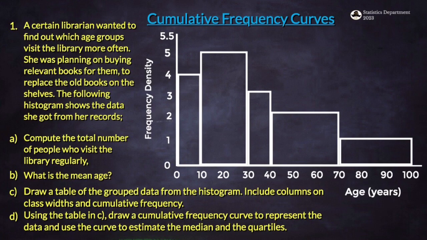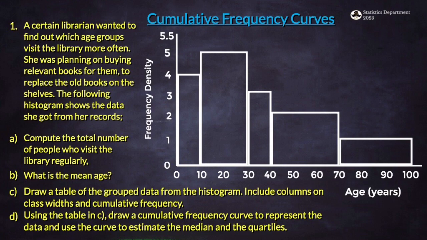And then the axes, we have the age in years on the horizontal axis, and then the frequency density. Frequency density is the quotient of frequency over class width. Basically frequency divided by class width is equal to frequency density. What else may you need to know? Okay, then we have the class width. We can see how broad the rectangles are compared to the bar graphs.